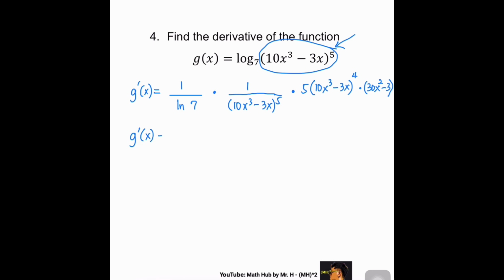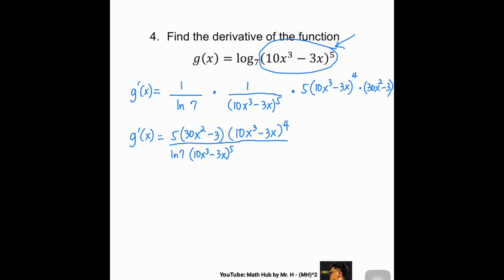So g prime of x will be equal to 1 over ln of 7 times 10x cubed minus 3x to the power of 5. And then we multiply all of this: 5 times 30x squared minus 3 times 10x cubed minus 3x to the power of 4.